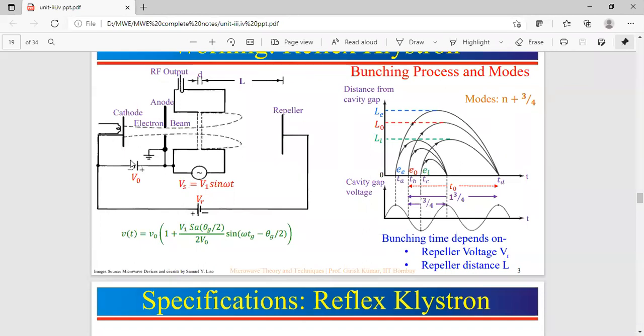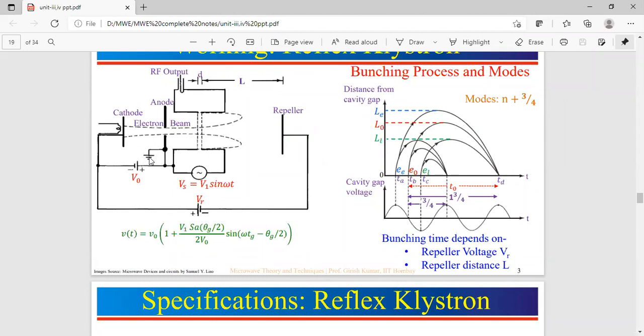See, this is the beam voltage. You are applying the beam voltage, but there is a repeller voltage. In the reflex klystron, this repeller voltage is very, very important. This is called beam voltage. A repeller voltage is also applied. Normally this beam voltage is applied between 200 to 400 volts.